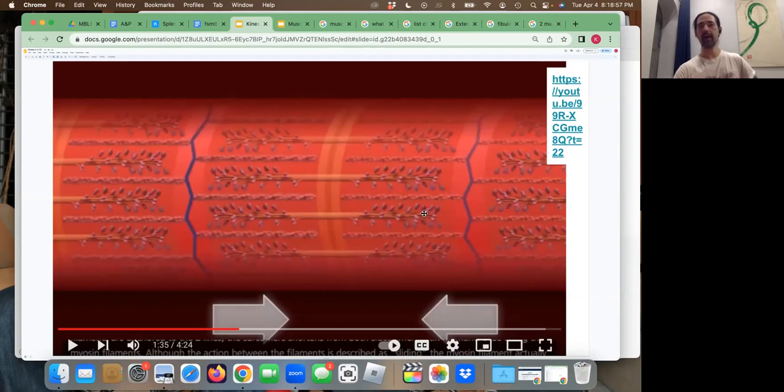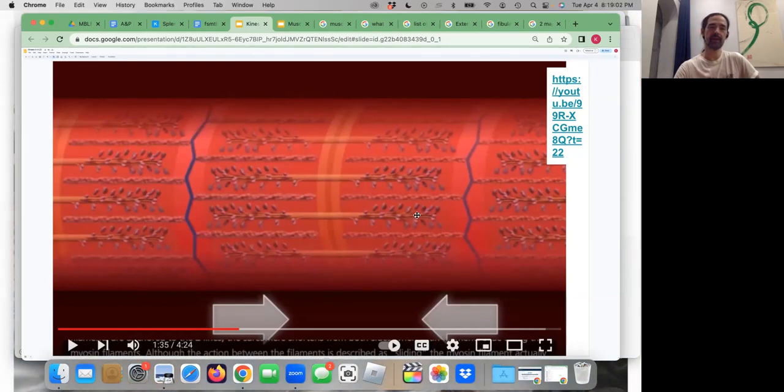And you know that actin is thin and myosin is thick because the letter A comes first in the alphabet and the letter M for myosin comes later. So I remember A as being thin and M as being thick, just because of their order in the alphabet. And it's these overlapping areas which give a muscle its striated appearance.